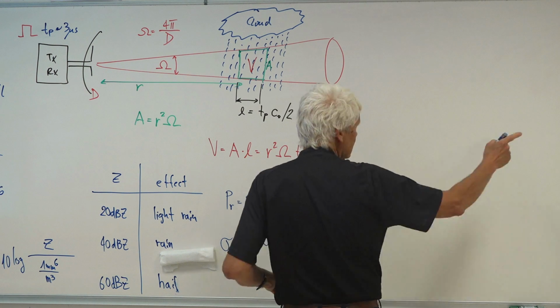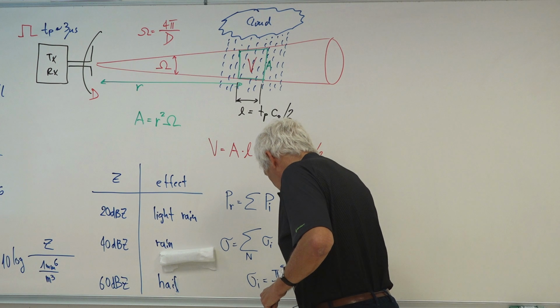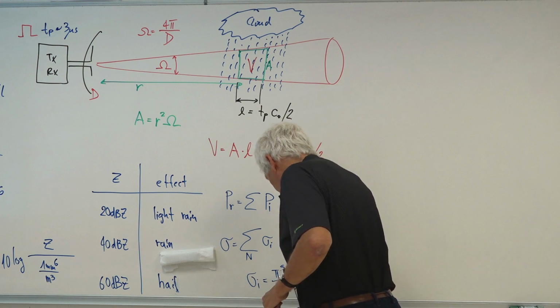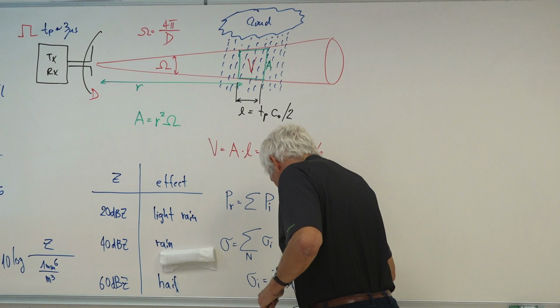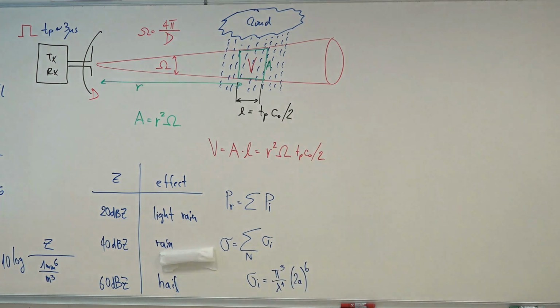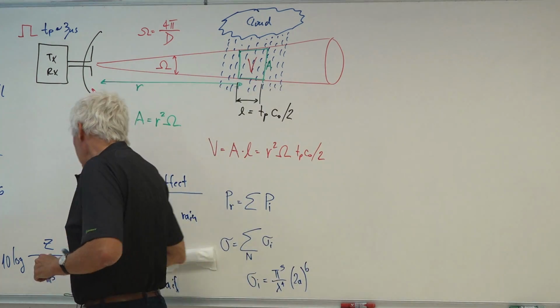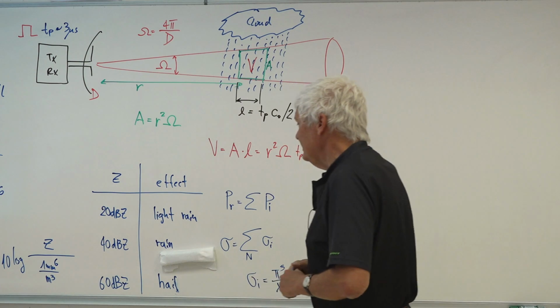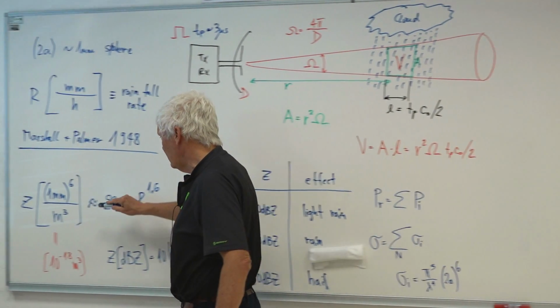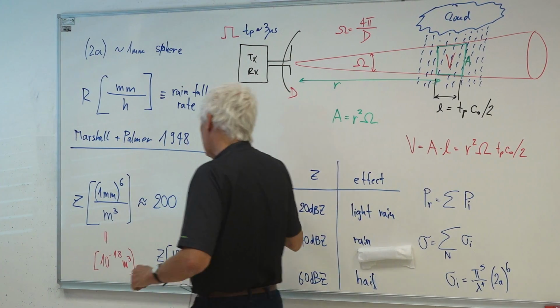Sigma I is the equation I had over there, pi to the 5th power, over lambda to the 4th power, diameter of the drop to the 6th power. And how many drops do I have there? What is n? This is the number of raindrops, containing the diameter to the 6th, per cubic meter, times the volume.